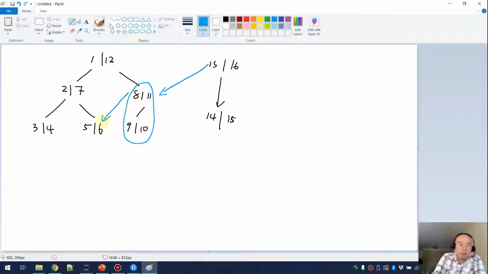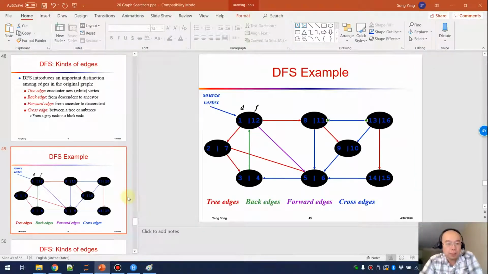So even though those two subtrees belong to the same tree with 112 as the root, those two, 811 and 56, belong to two different subtrees, and so that edge is a cross edge. Okay, so those are two different examples. It can be from one tree to another tree, or it could be from one subtree to another subtree. So those are the examples of the cross edges.